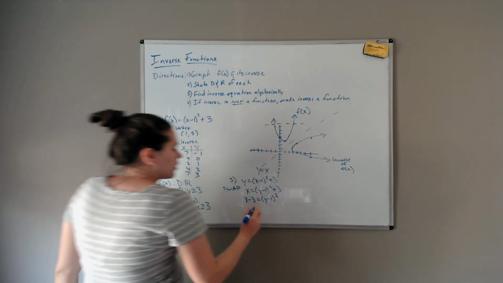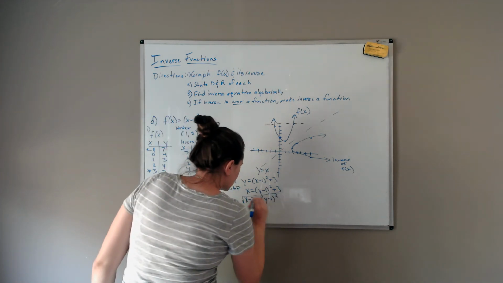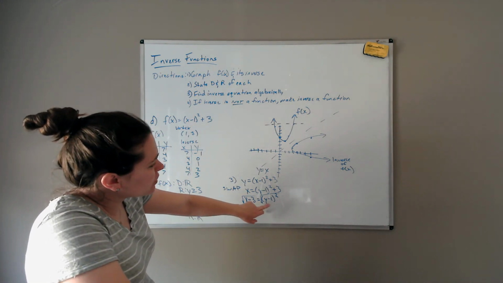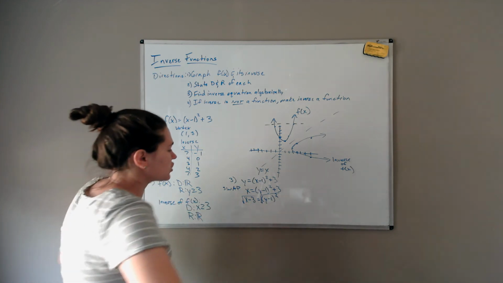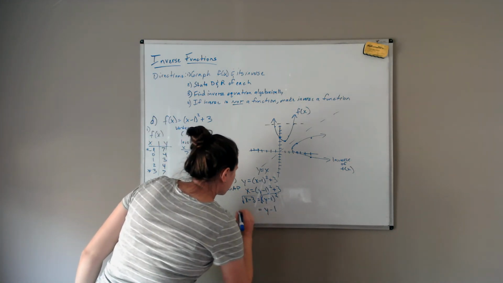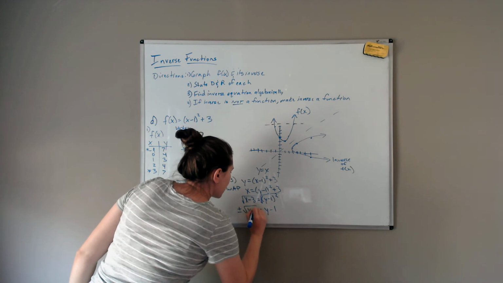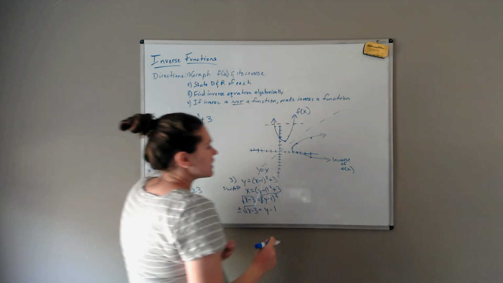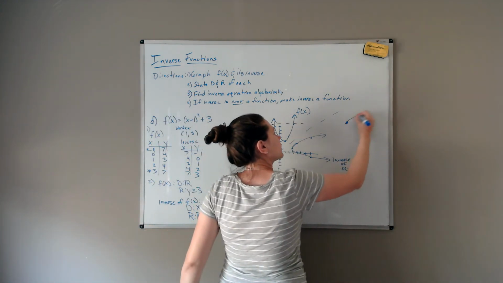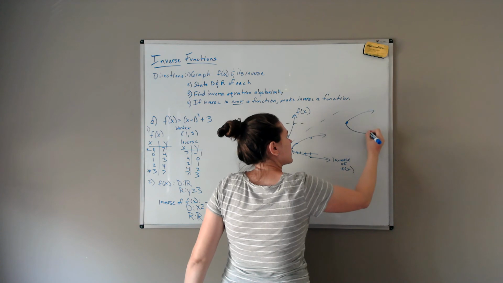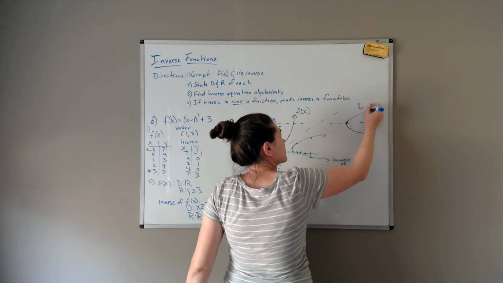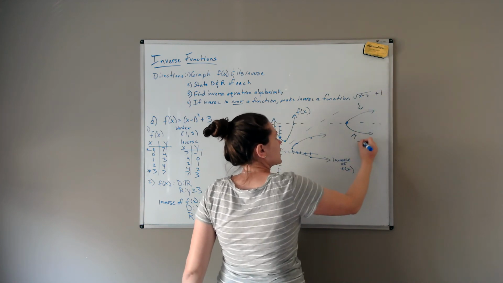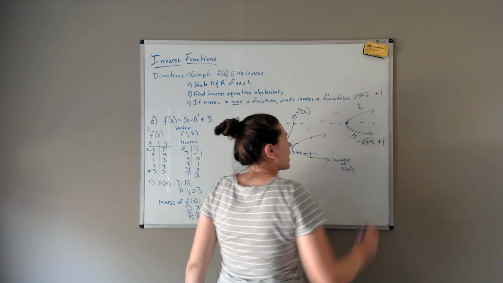Now, remember, we're solving and we're taking the square root of an unknown squared. When we take the square root of (y minus 1) squared, what we produce is plus or minus the square root of x minus 3. If you look at this u, this part of the u is the square root of x minus 3 plus 1, and this part of the u is negative square root of x minus 3 plus 1.